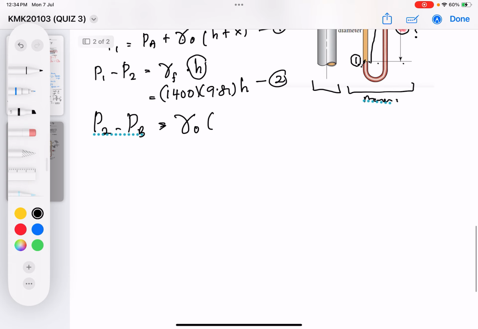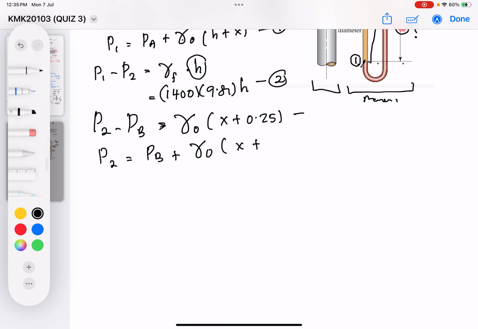So I'm going to write down x plus 0.25. Rearranging it, I'm going to get P2 equals PB plus gamma of the oil multiplied by (x plus 0.25). So let's name it as equation number 3.